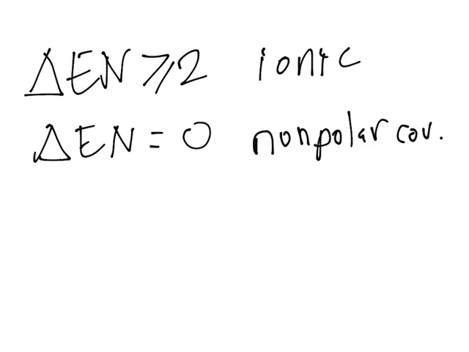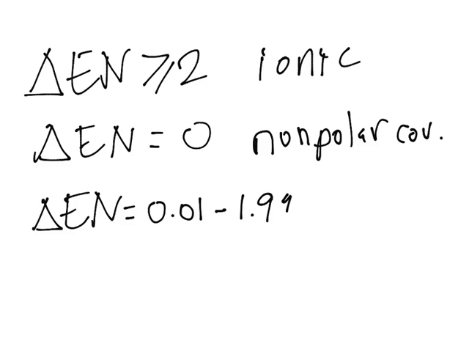And the only thing that remains is delta EN from 0.01 to 1.99. So if something is higher than 0 and smaller than 2, it's called a polar covalent bond.